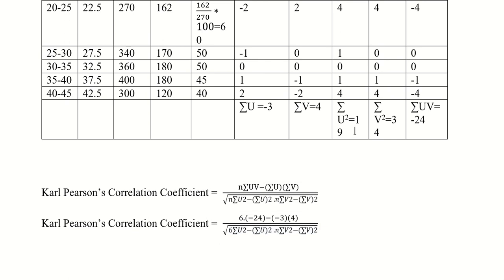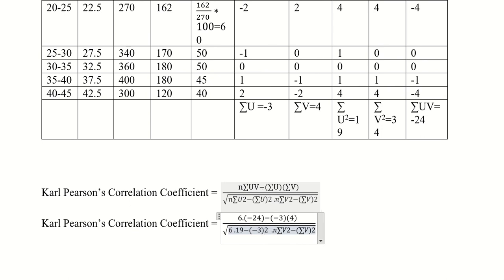N is 6. Summation of u square is 19. See here, summation of u square, this value I'm putting, okay? So this is 19 into 19. Then summation of u is -3, and -3 square we would need.